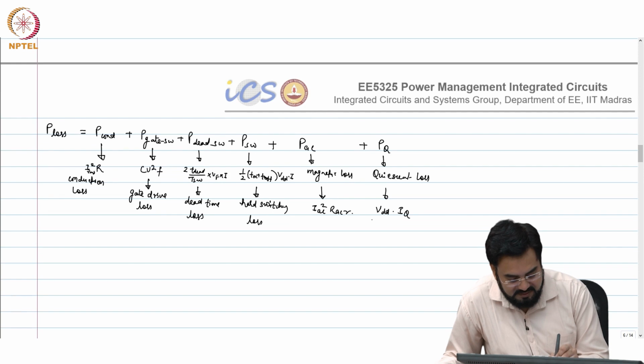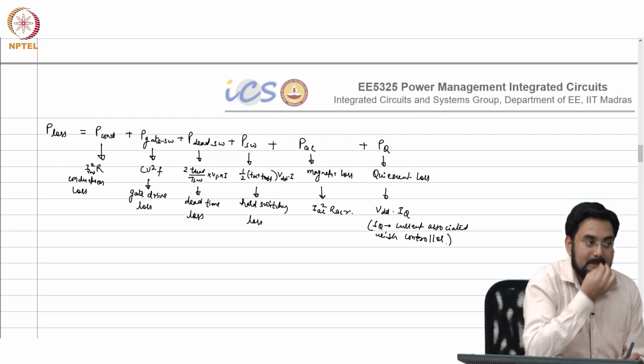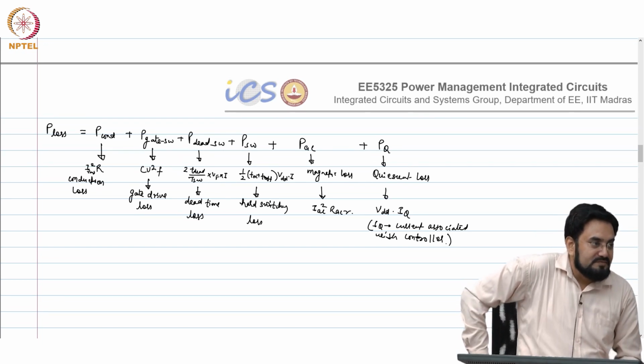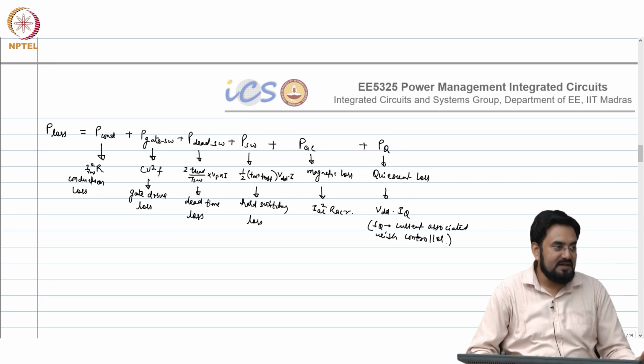IQ is the current associated with the controller. So, you have a controller in the feedback. That is not lossless, there will be some current that it requires.